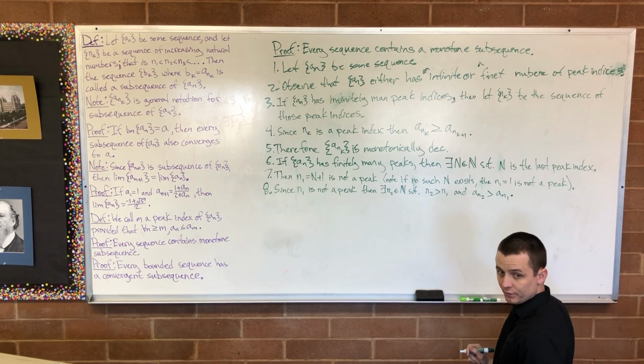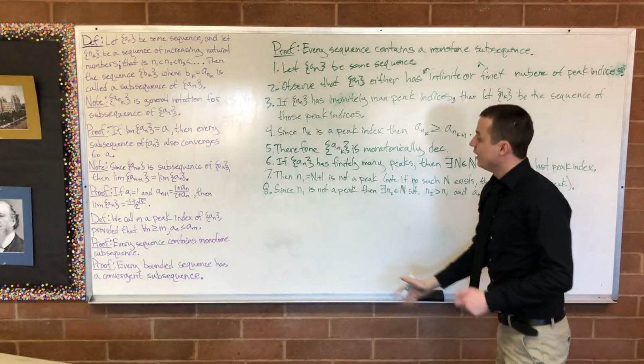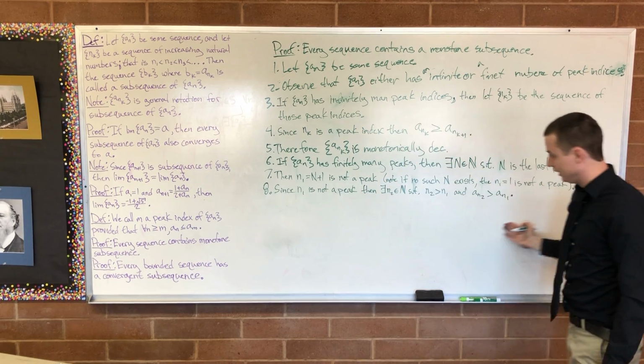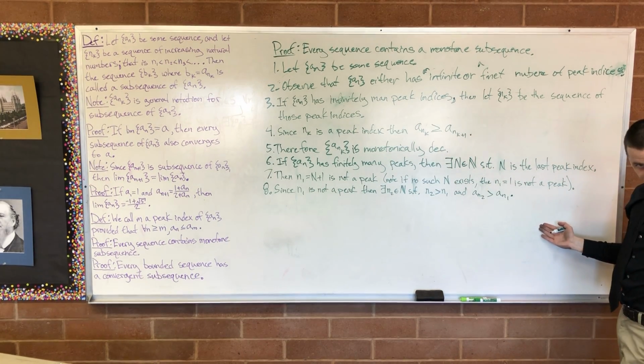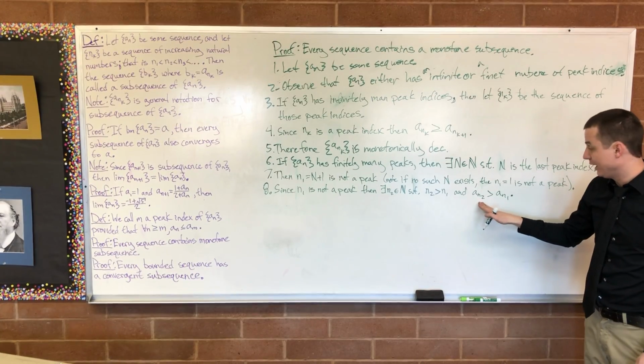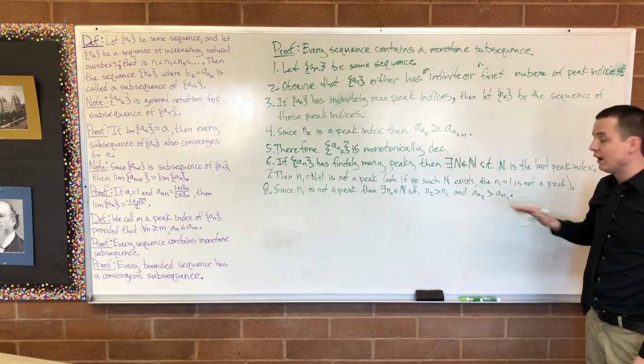Okay. That's what it means to not be a peak. If n sub 1 is not a peak, then there is some other index called n sub 2 such that the value at n sub 2 is greater than the value at n sub 1.